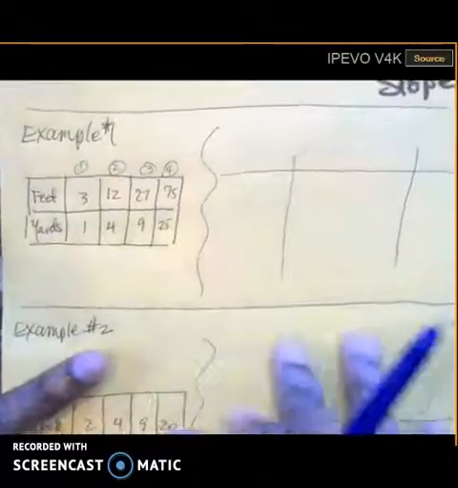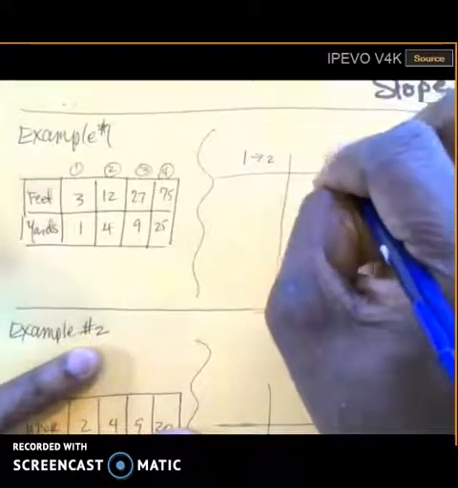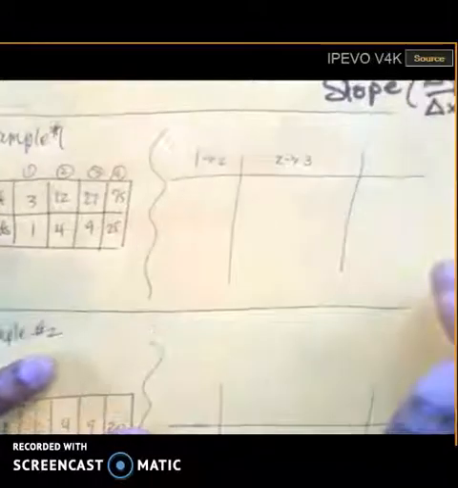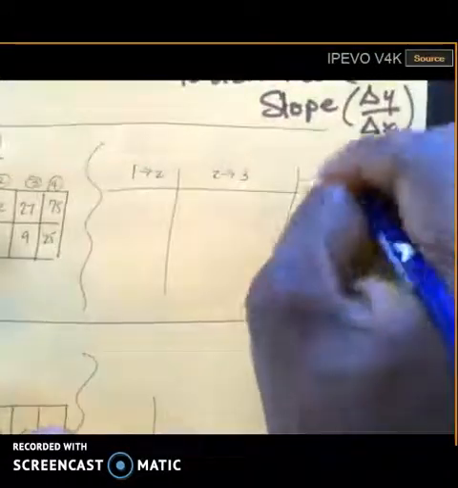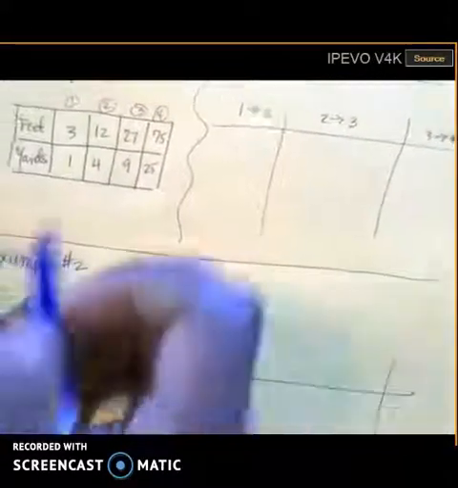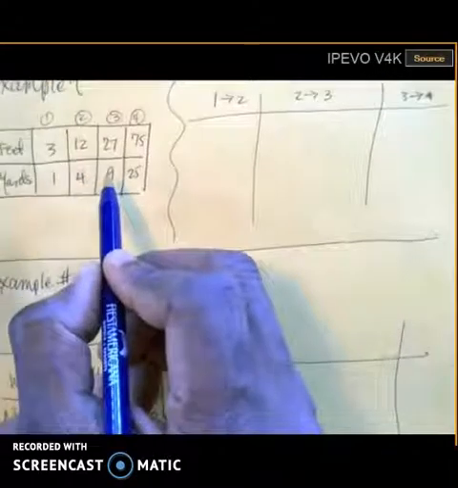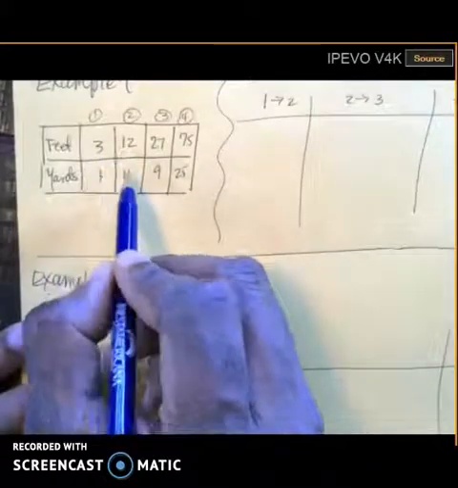Okay, great. Okay, so as I said, I'm going to compare 1 to 2. I'm going to compare 2 to 3. And I want to compare 3 to 4. This, again, is analyzing our rates of change. Okay, so as we analyze our rates of change, I'm going to be using these y values to this one when I'm analyzing 1 to 2.